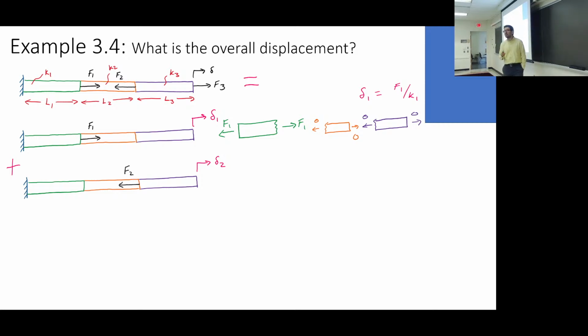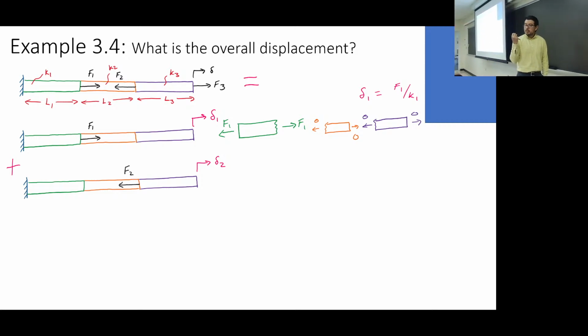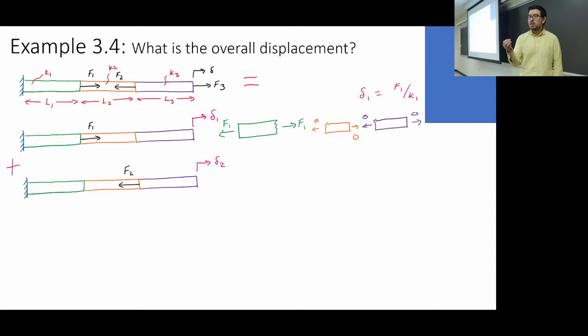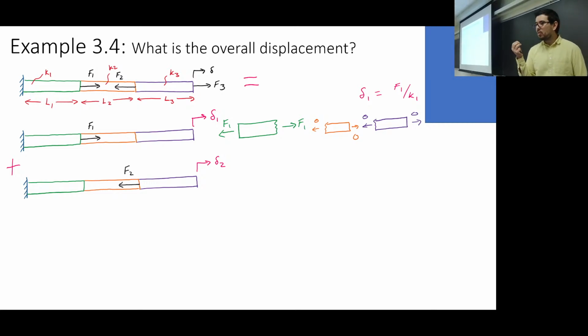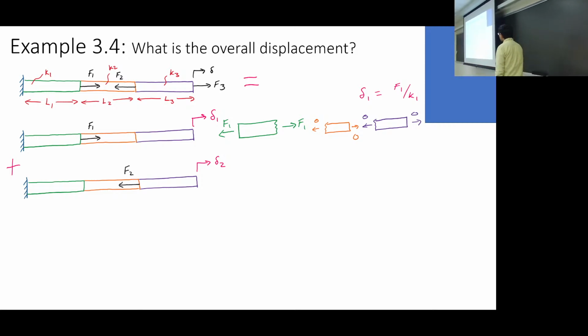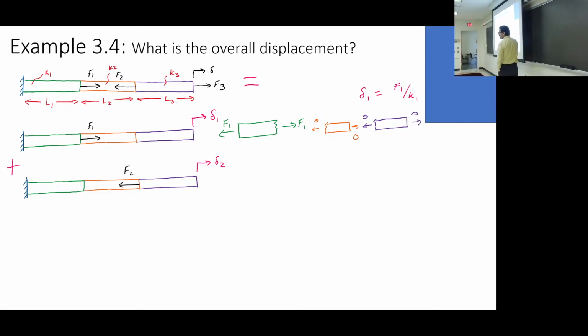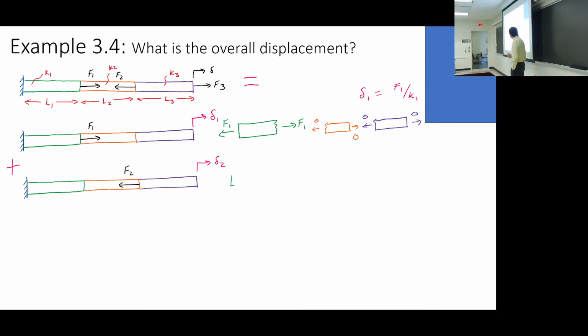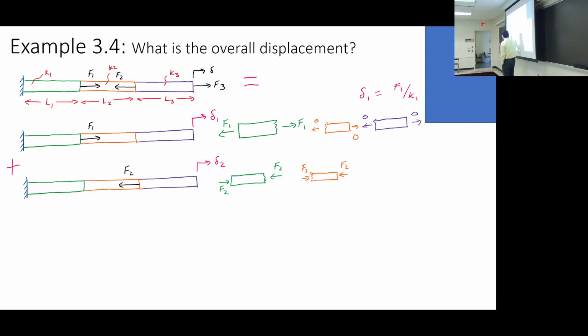You just use the series equation. What we said at the beginning of class is that the force is going to be the same in both of these springs because they're in series with each other. So the internal forces are going to be just F2, and they're going to be in compression. So again, if we look at what's in the green, and what's in the orange, maybe it's good to think about this. I jumped a couple steps.